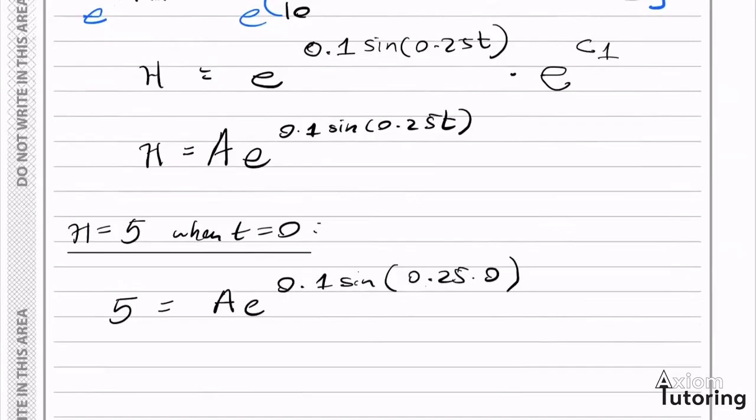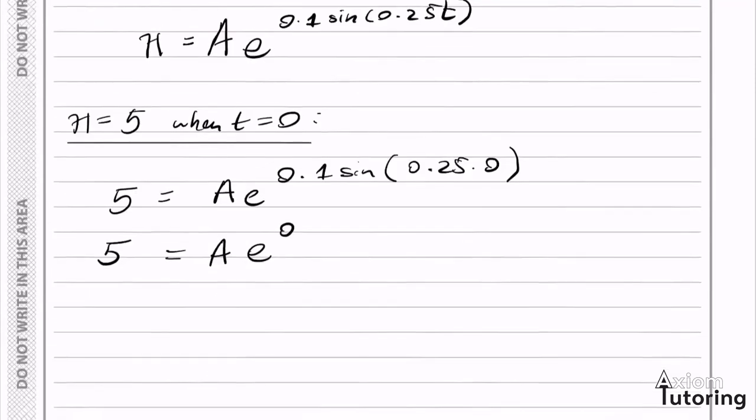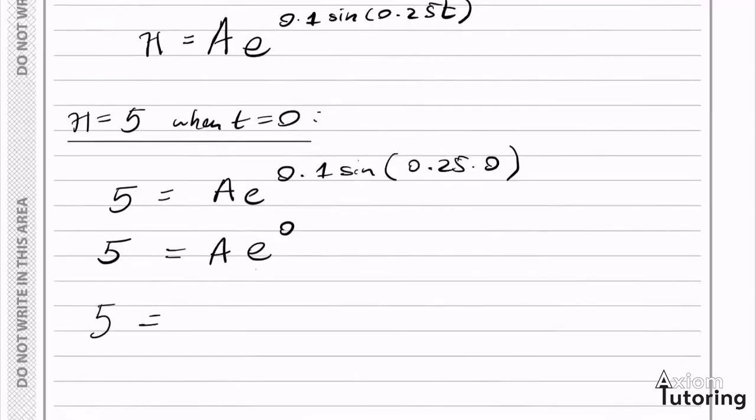So that's sine of 0. Well, sine of 0 is 0. And if this is 0, then 0 times 0.1 is also 0. So we get a times e to the power of 0. That 5 is still there. So 5 equals a times e to the 0.